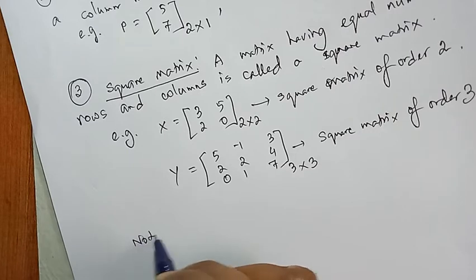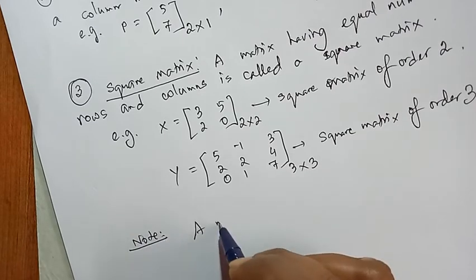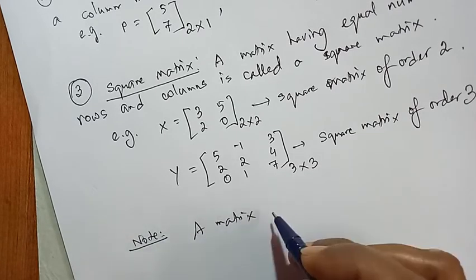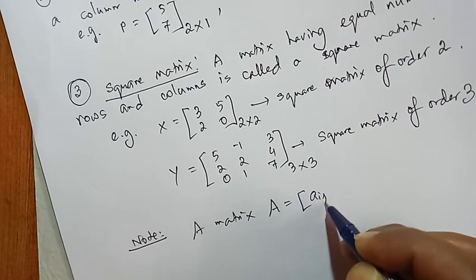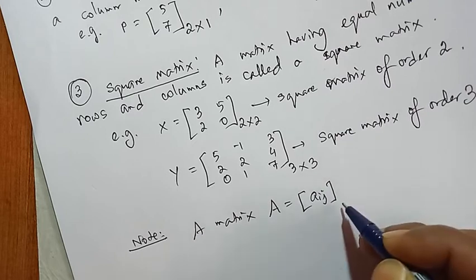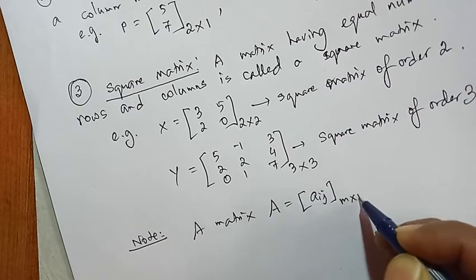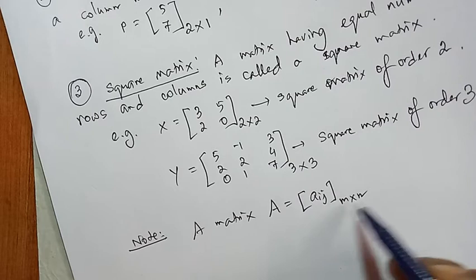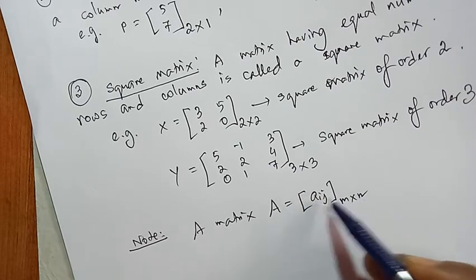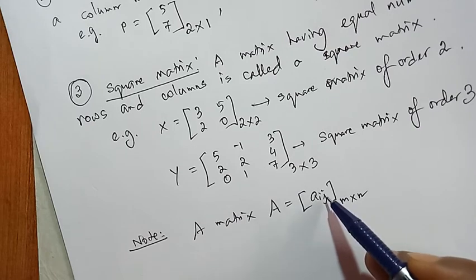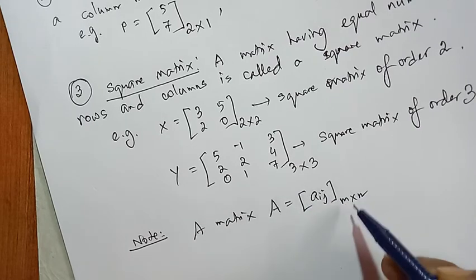So write one note: a matrix, suppose capital A, which is denoted by the symbol Aij, and of order m by n. The order of the matrix is m by n, and all the elements are denoted by the symbol Aij. This Aij represents the elements of this matrix, and the matrix has order m by n.